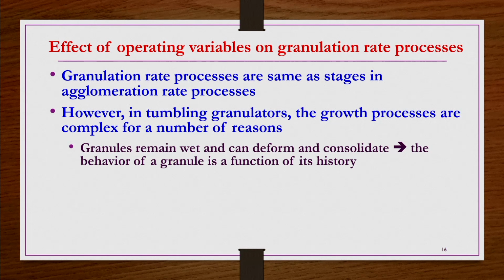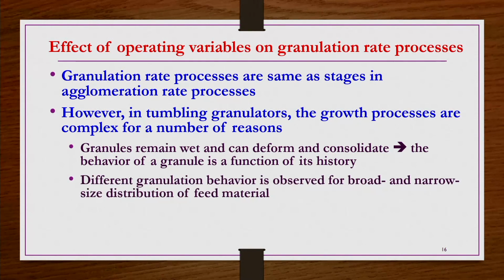The behavior of a granule is a function of its history. Whether it is wet or deformed or consolidating, or how much it has been wet, all those things are going to influence the final granulation process. Then different granulation behavior is observed for broader and narrower size distributions of the feed material.